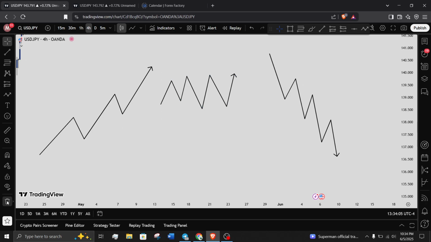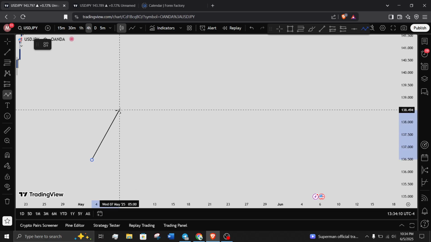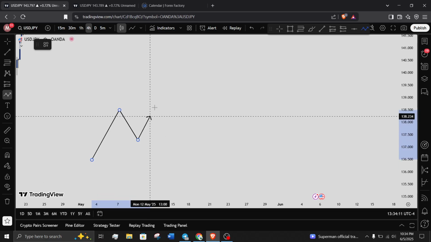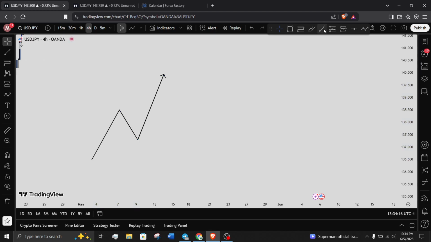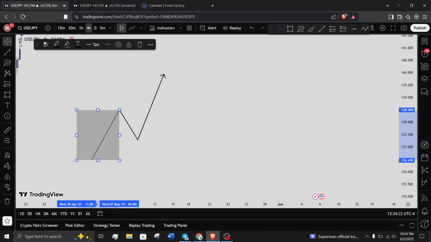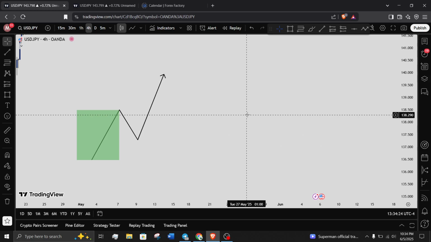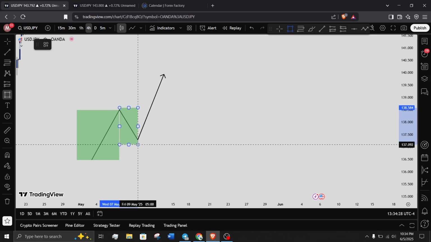In a trendy move, there are two types of structures. One is called impulsive, and the second is called correction. If I mark it right here, this is your impulsive move. Let me mark it in green, and this part is called corrective move.